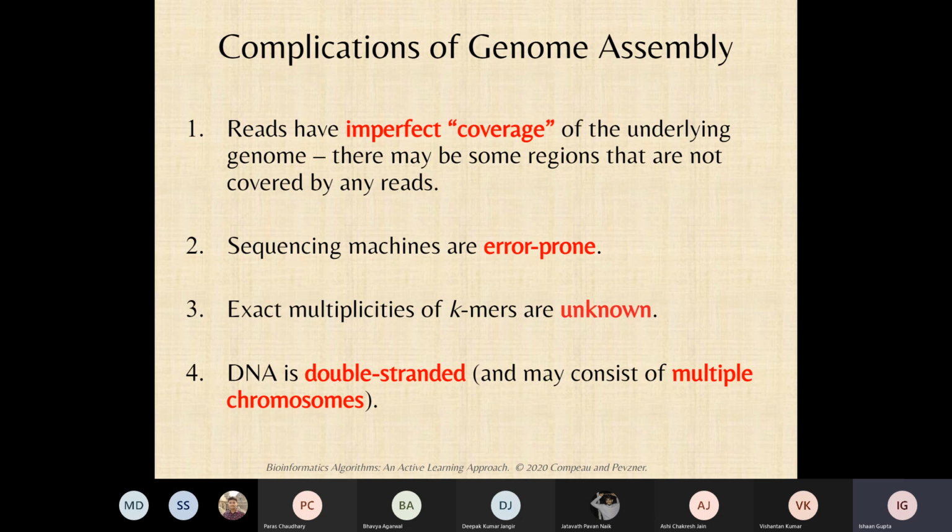In the next class, I'm going to discuss how we overcome these challenges, and specifically we'll start with how we actually find a Eulerian cycle. Okay, so for tomorrow's quiz, it will be until this part as well.